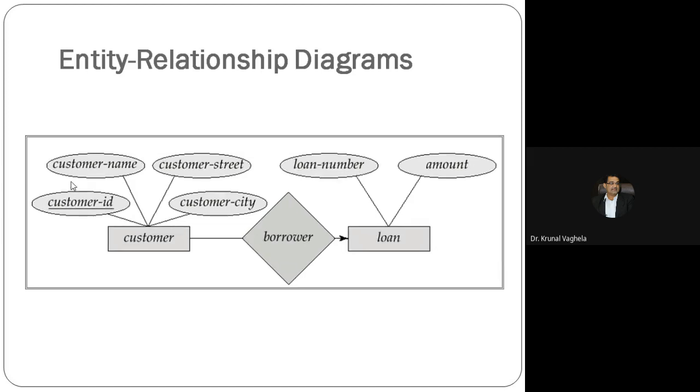Now, it's many to one. That means a customer can have only one loan, but a loan can belong to multiple customers.